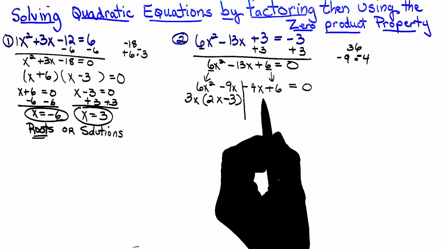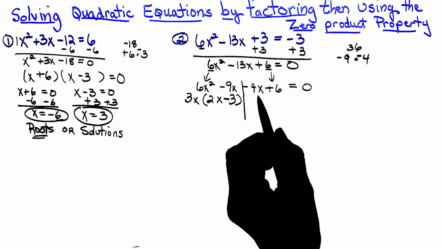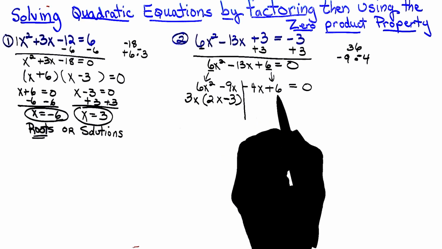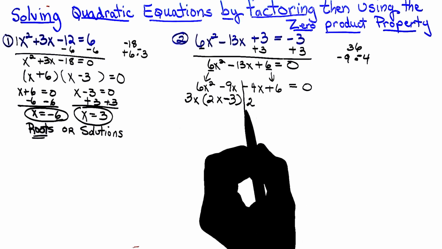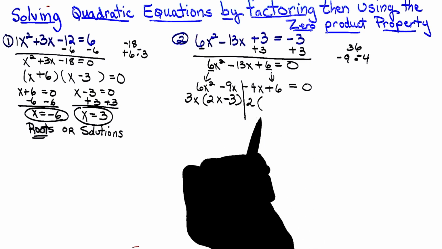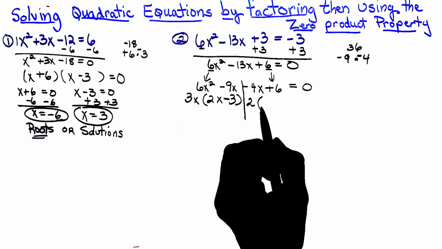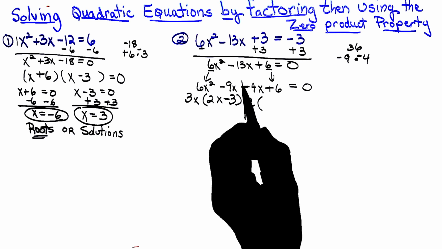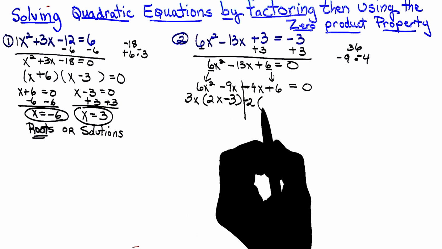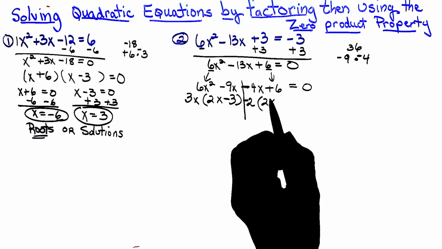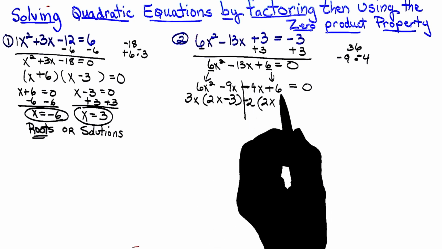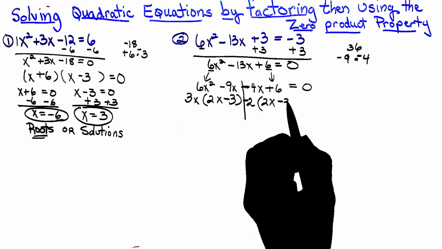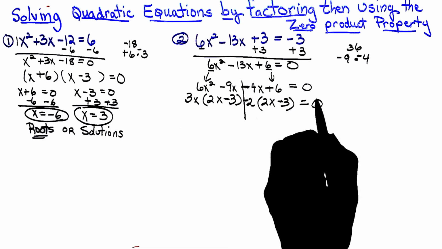And on this side of the equation, I can factor out, looking at a negative 4 and a 6, I'm going to factor out a 2. And that would be a negative 2 because of this subtraction sign. So now I'm going to end up with a 2x, and in order to get a positive 6 here, when I multiply, this must be a minus 3. And that's equal to 0.